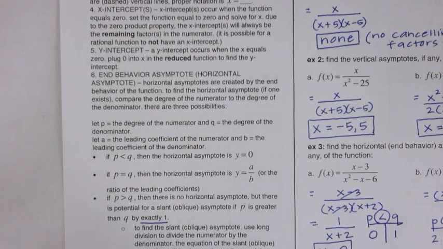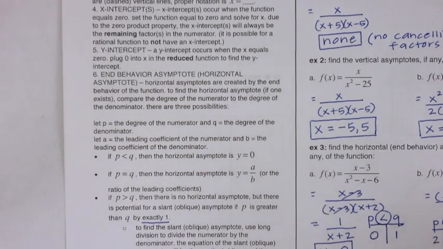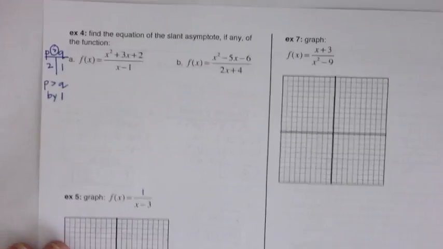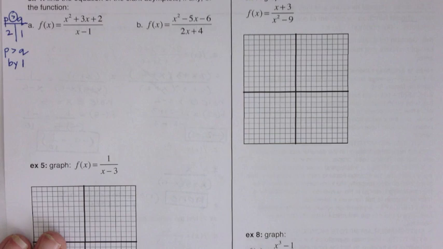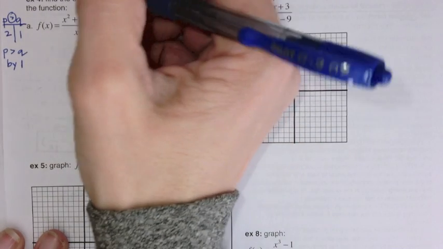So how do we find the equation of the slant asymptote? To find the slant asymptote, use long division to divide the numerator by the denominator. The equation of the slant asymptote will be the quotient. Disregard the remainder. Sweet. So when I do these problems, sometimes I don't even finish and find a remainder because I'm disregarding it anyway, so why do that?